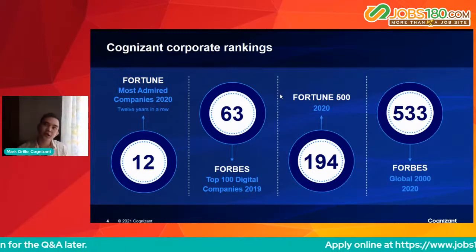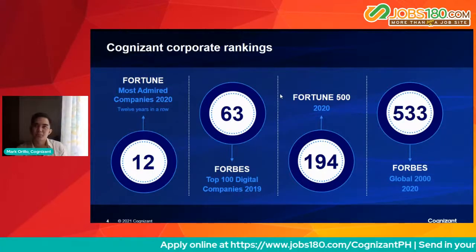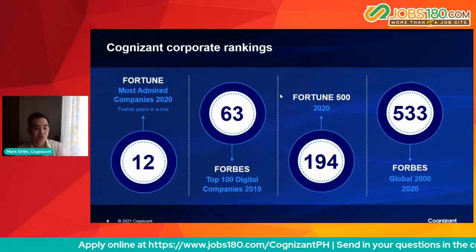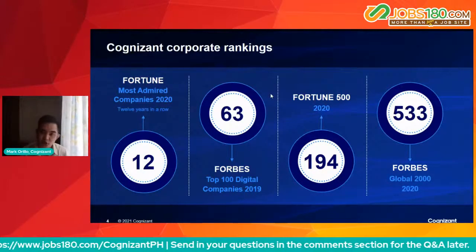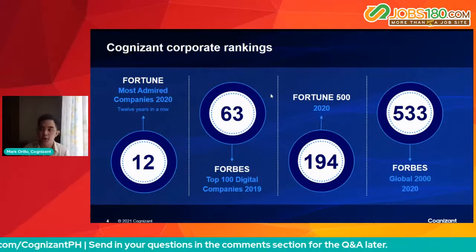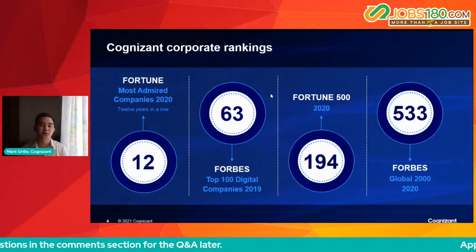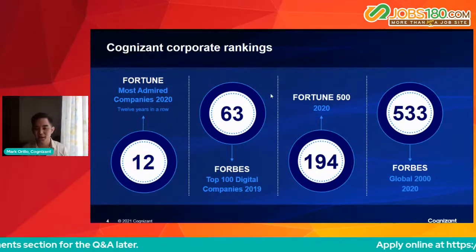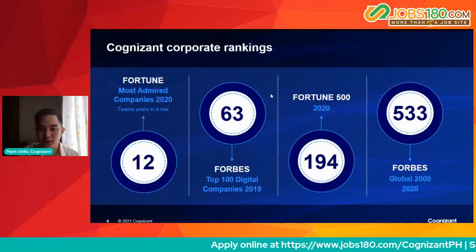Back in 2013, we were ranked 352. As we combined the passion for client satisfaction and technology innovation, we were able to take the 194th spot. So, di ba? Hashtag, ang gagaling nung employees ng Cognizant.